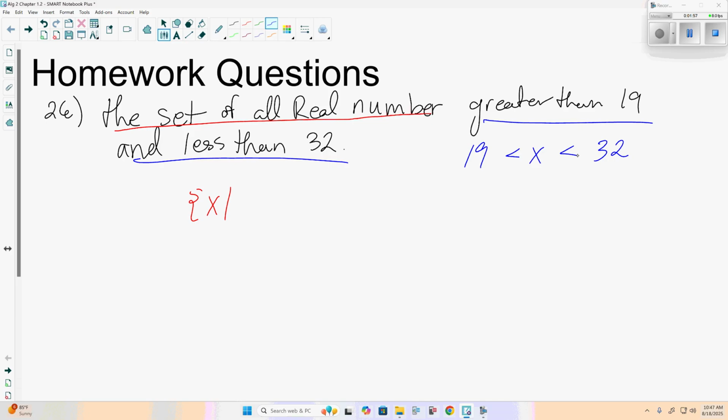Even though it does say greater than 19, we still have these less than symbols. 19 is less than x, so all the numbers are going to be bigger than 19 and less than 32. Does that make sense?